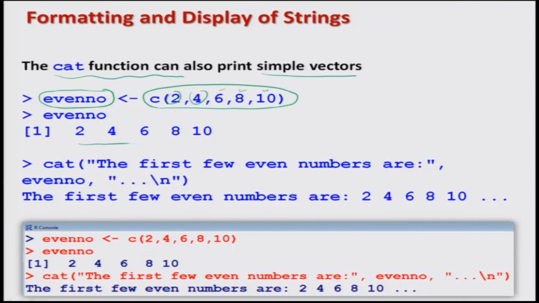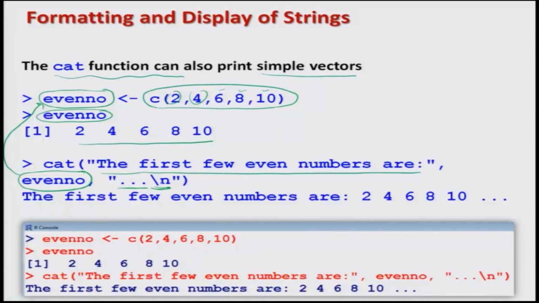Now I use the cat command and say that the first few even numbers are, and whatever numbers are in the variable even will be printed from here, and then after this there will be dot dot dot, which means the numbers are continuing further, and then the outcome will come on the next line using this backslash n.